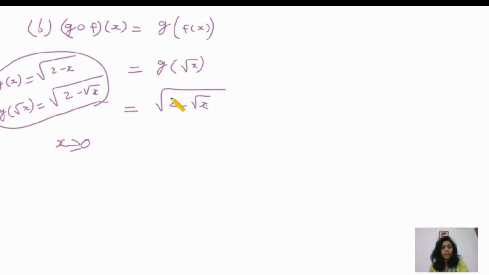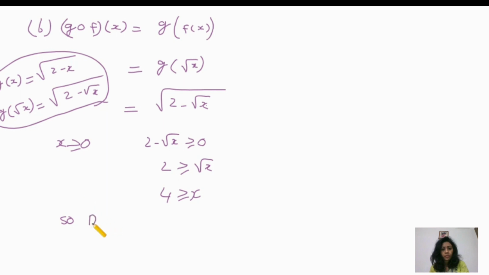And for this one, 2 minus square root x greater than or equal to 0, right? So here 2 is greater than or equal to square root x. When we take the square of both sides, 4 is greater than or equal to x.